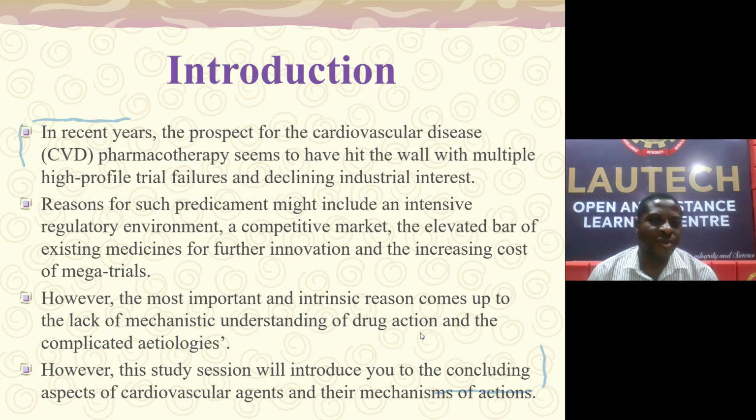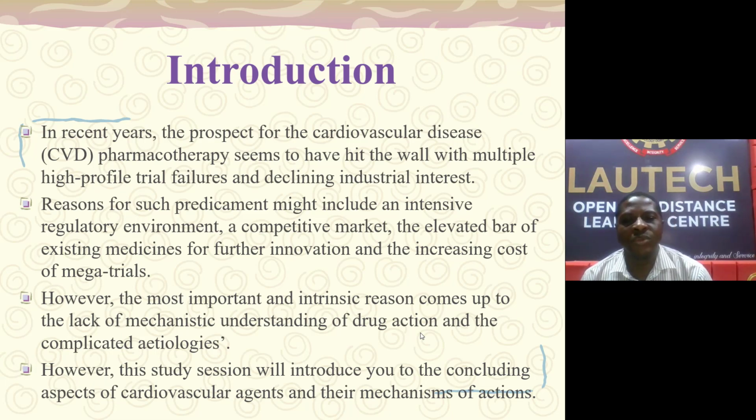By way of introduction, in recent years the prospect for cardiovascular disease pharmacotherapy seems to have hit the wall, with multiple high-profile trial failures and declining industrial interest. Reasons for such a predicament might include an intensive regulatory environment, a competitive market, elevated bars of existing medicine, further innovations, and the increasing cost of mega trials.